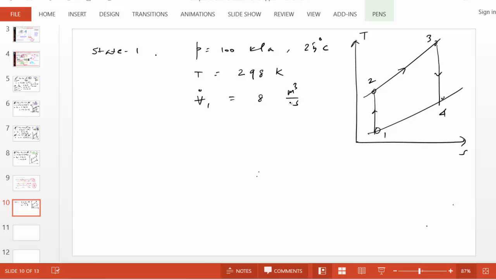So what is the mass flow rate? M dot equals density times volume flow rate. And what is density? Inverse of specific volume, right?